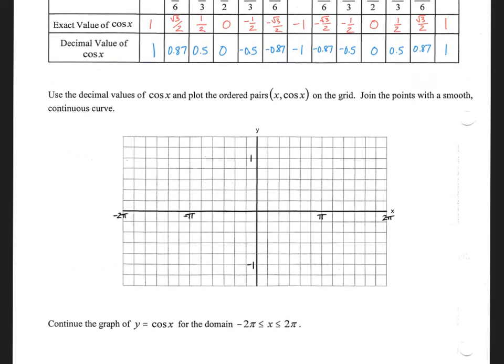And so I can go through the exact same process of plotting my 1, my 0.87, my 0.5, my 0, my negative 0.5, my negative 0.87, and so on our grid. As we do that, we should get to something that looks like that, which then can be connected with a smooth curve.